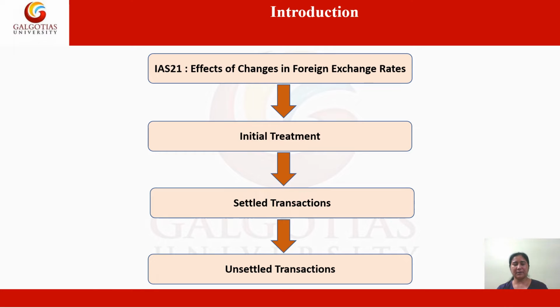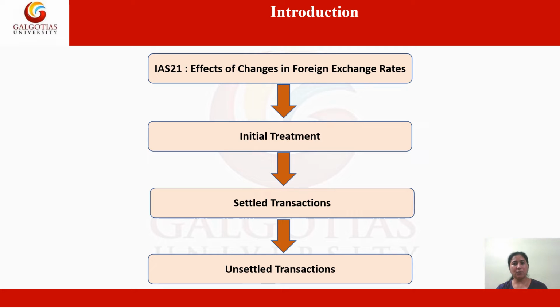International Accounting Standard 21, that is IAS 21, which illustrates effects of changes in foreign exchange rates, thoroughly covers various aspects related to foreign currency transactions in entities. In this regard, it covers initial treatment with regard to business transactions which involve foreign currency.